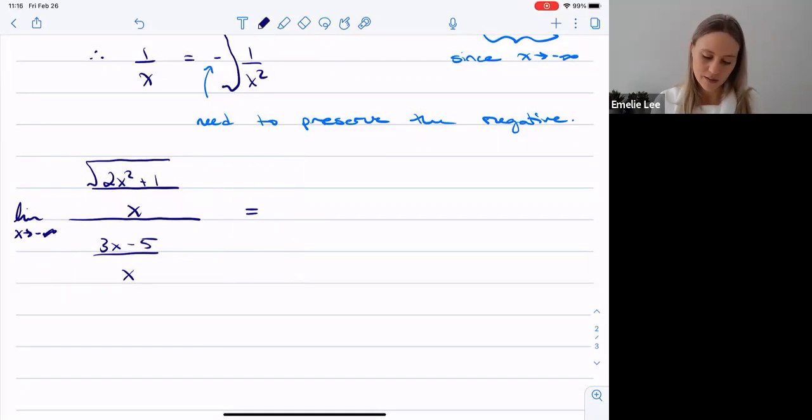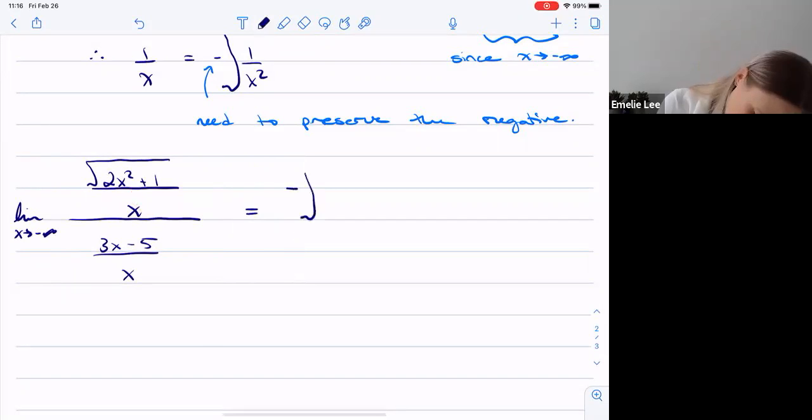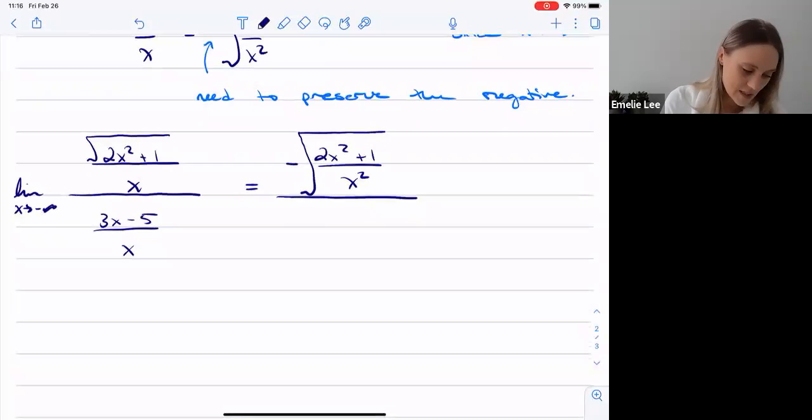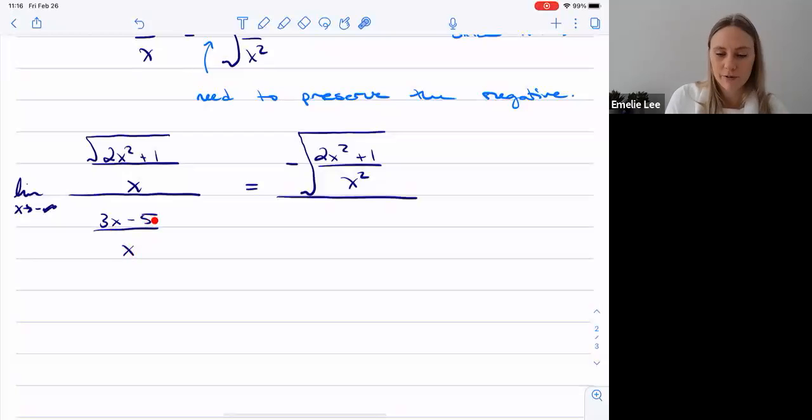So now I'm going to bring this x under the square root by saying, okay, I have the negative root of 2x squared plus 1 over x squared, all over, and I can simplify, 3x over x minus 5 over x.